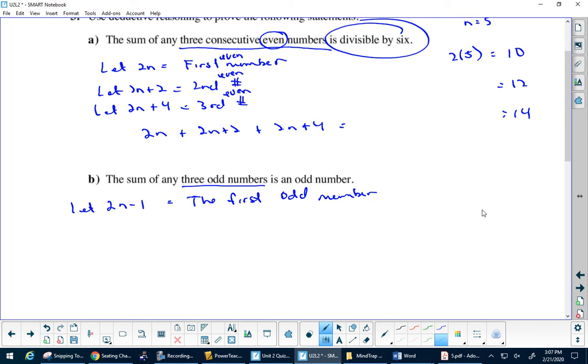Oh, no, sorry. We're doing the sum of any 3. So what would be my second odd number? Give me another odd number.